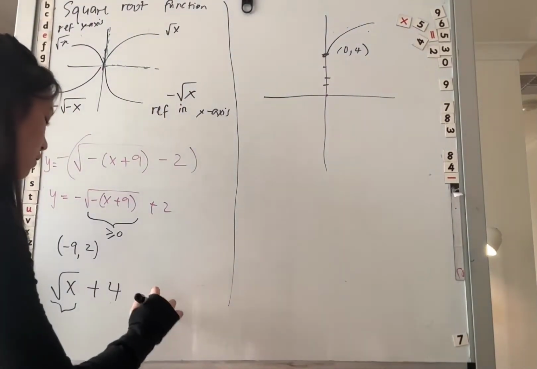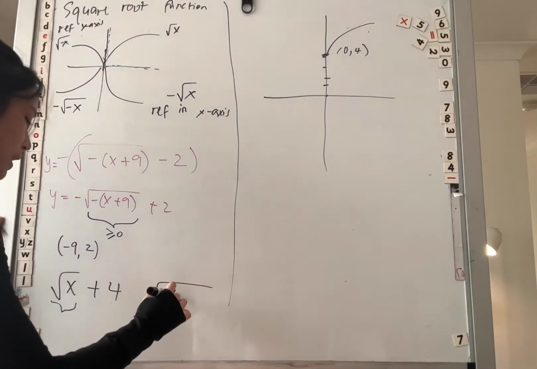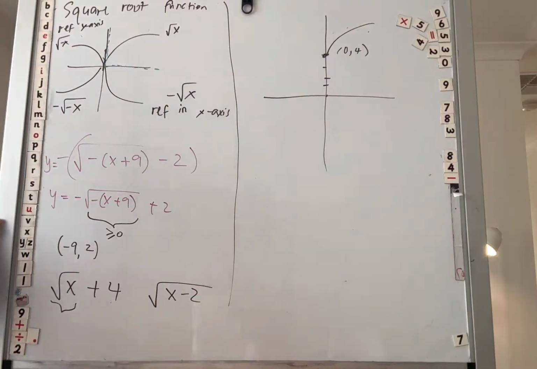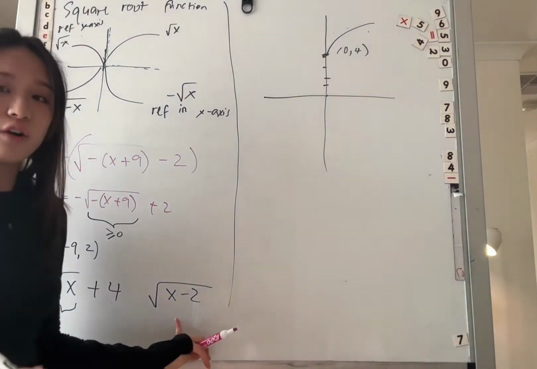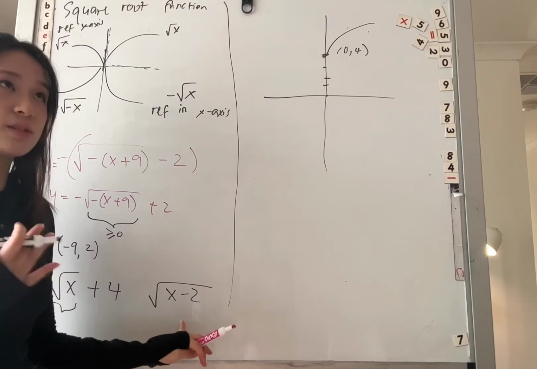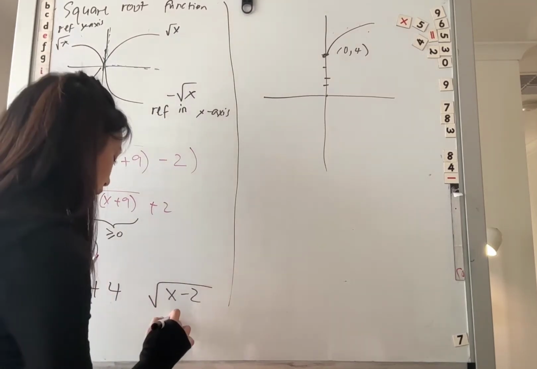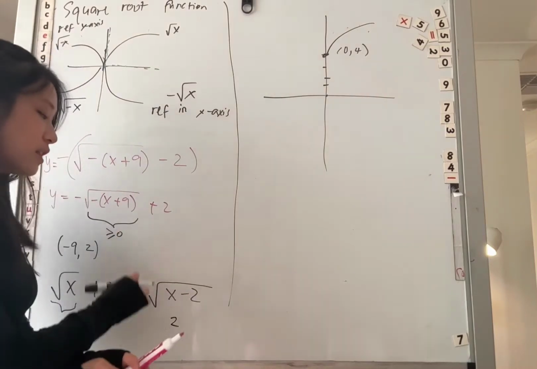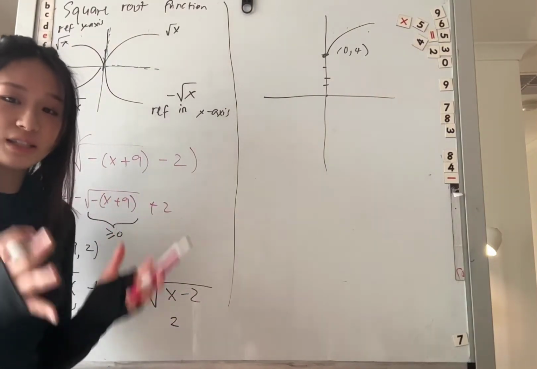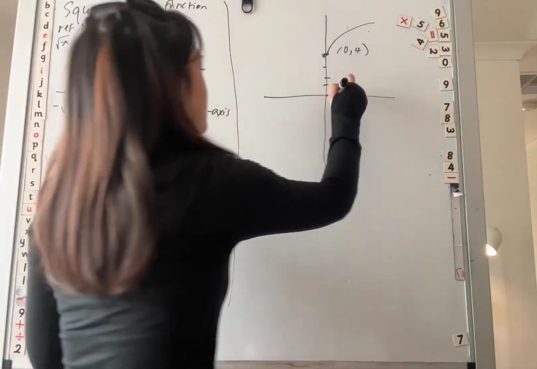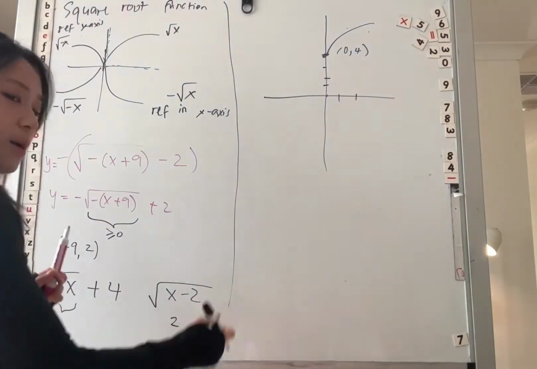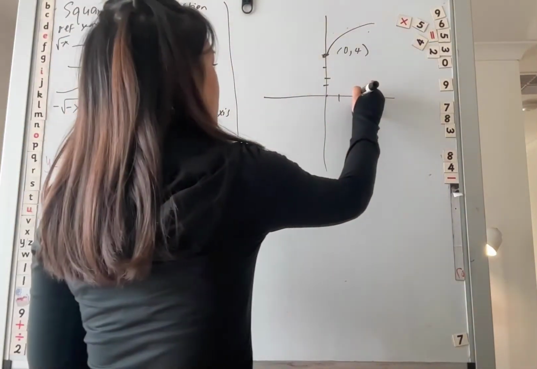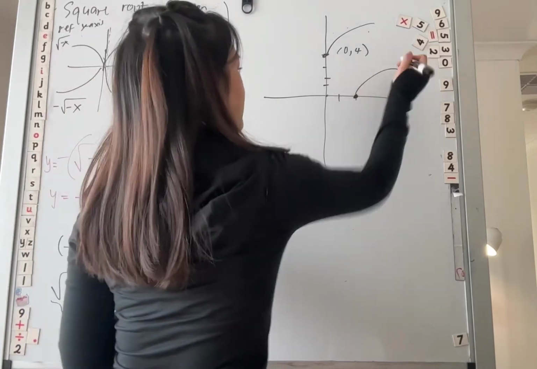Now if I have another function, if I have root of x minus 2, well, what's the smallest value of x that you can have? Well, it has to be 2, right? Because inside this bracket, inside the square root, it can't be less than 0. So my starting point, so there's no up or down translation, is at 2. And then it's just a basic graph out.